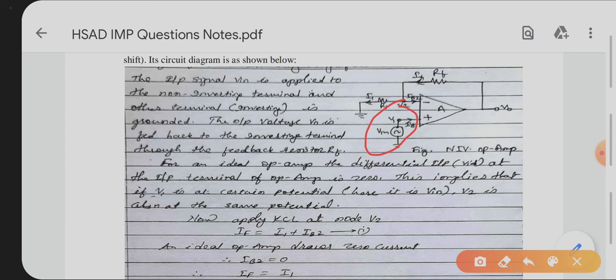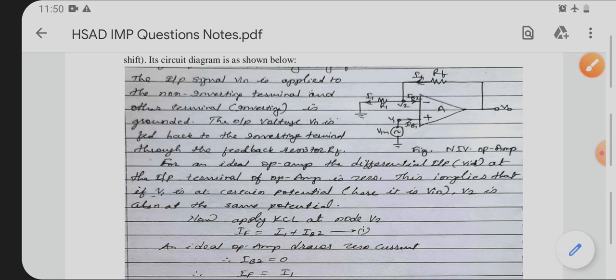So what is the virtual short concept? It is the concept that whatever voltage is applied at the non-inverting input terminal, the same voltage will appear virtually at the inverting terminal, to get delta VID, that means difference input voltage, equal to 0 for an ideal operational amplifier. That is called the virtual short concept.